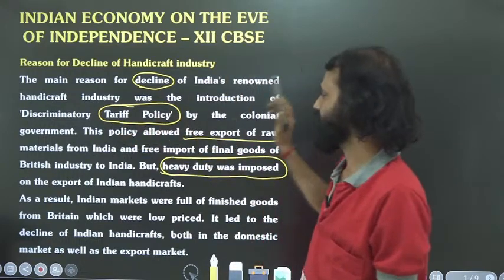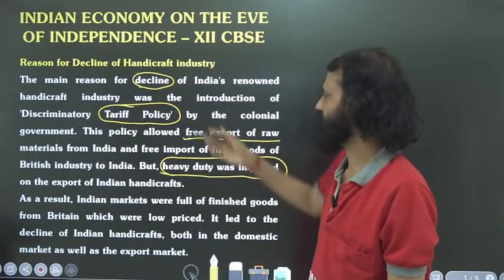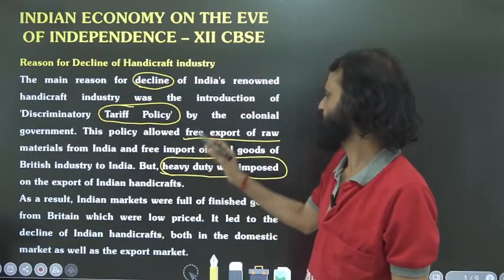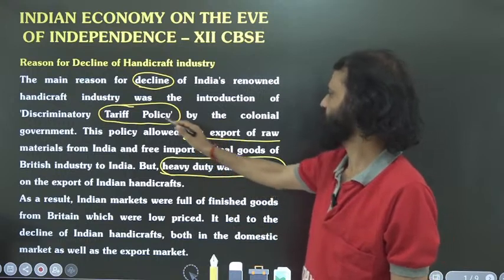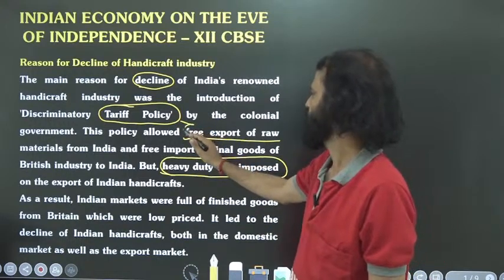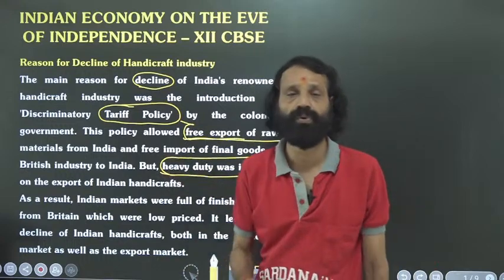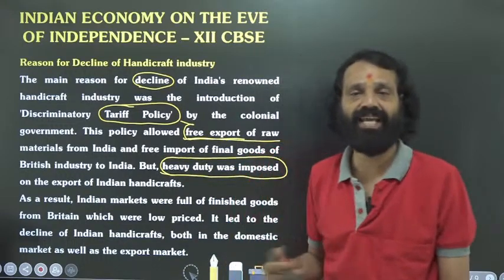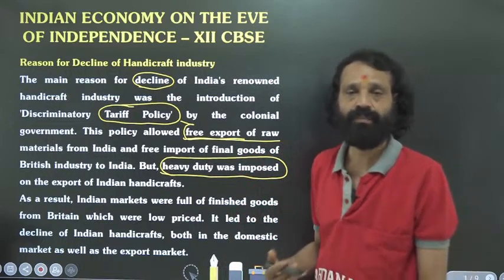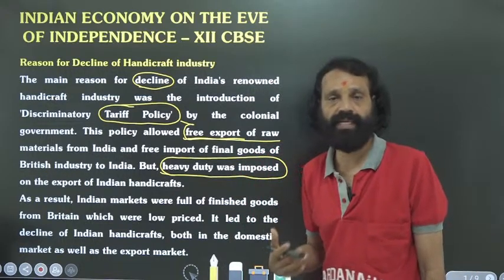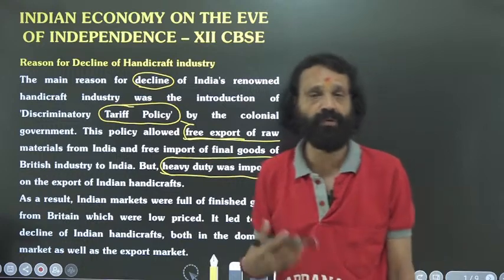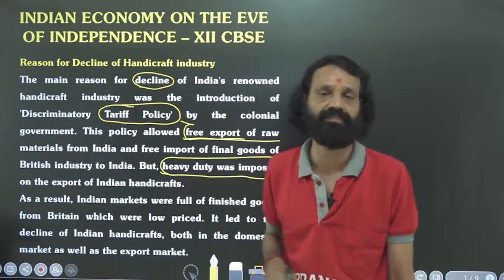The colonial government destroyed India's handicrafts industry. The policy allowed free export. What was the new tariff policy? Free export of raw materials from India. Mainly raw materials only we could export, because they could take raw materials. A major part of our raw materials went to Britain.